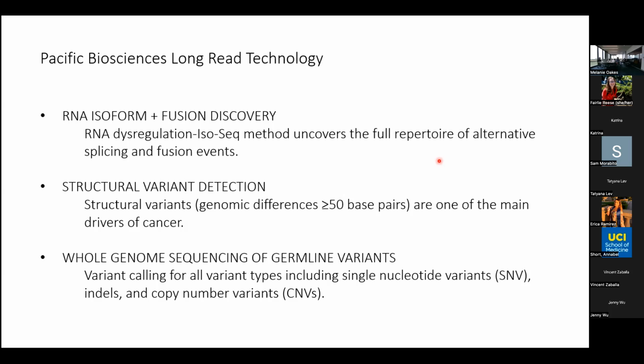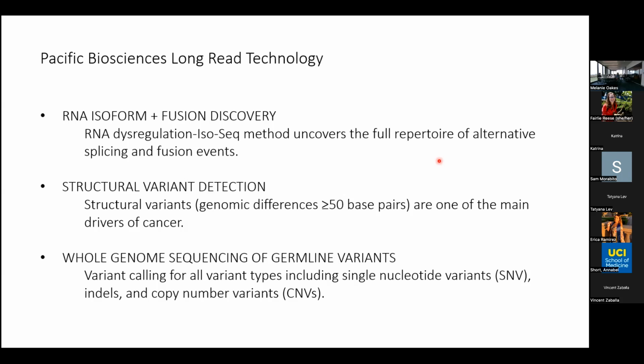A lot of the work we do on SMRT cells is Iso-Seq: from total RNA, we make a SMRTbell template, and I'll show you in a few minutes what that looks like. We also do some structural variant detection using PacBio. People doing whole genome assembly would like to use PacBio because we can get these longer reads.